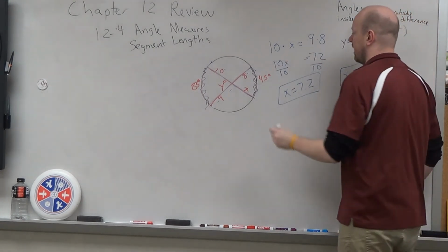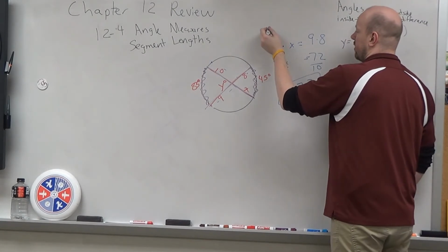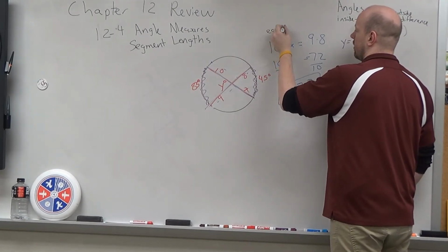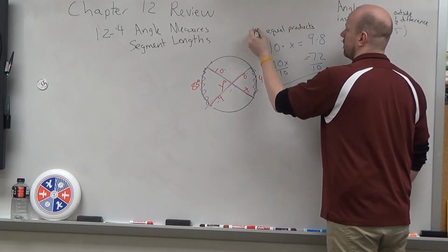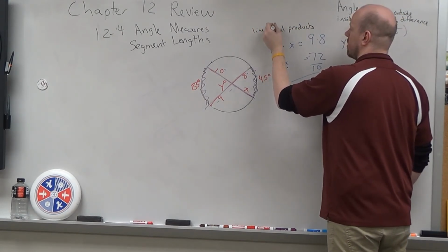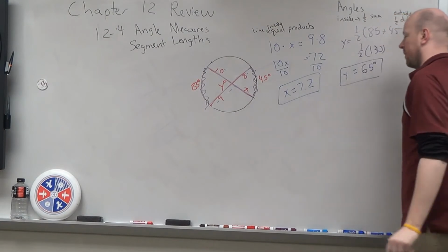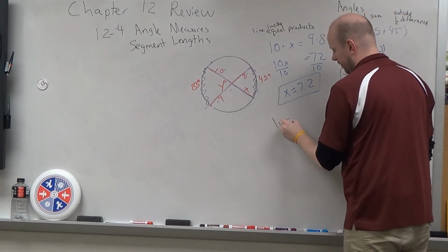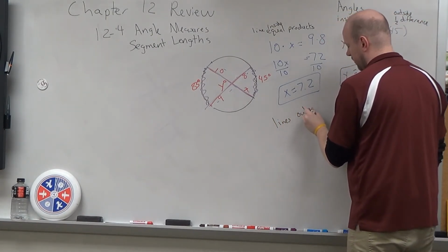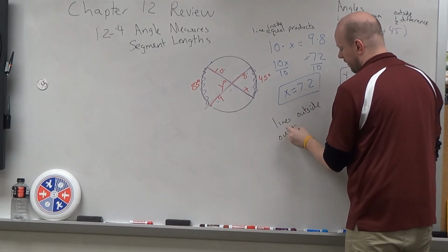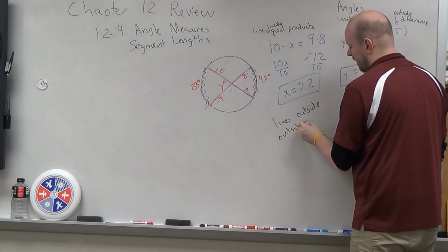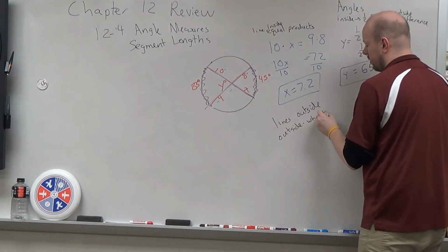Lines on the inside have equal products. And when lines are on the outside, you take the outside part, outside times the whole.